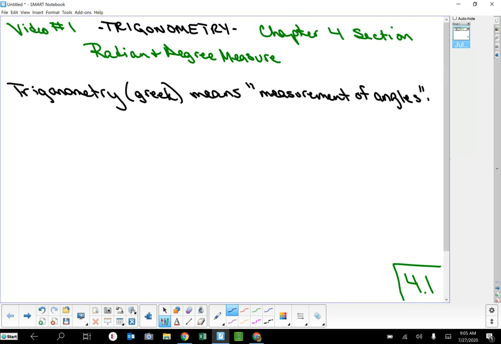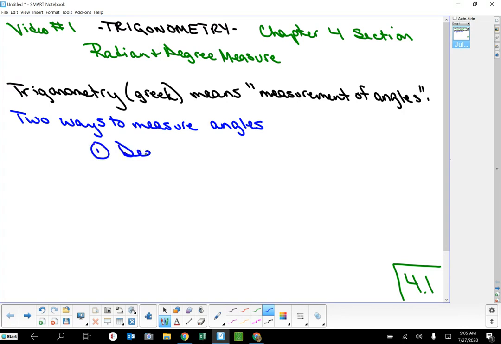All right, so a couple things that you need to know. There are 2 ways to measure angles. One is the traditional way with degrees, which actually gets more specific. So a degree can be broken down into minutes, and minutes can be broken down into seconds.